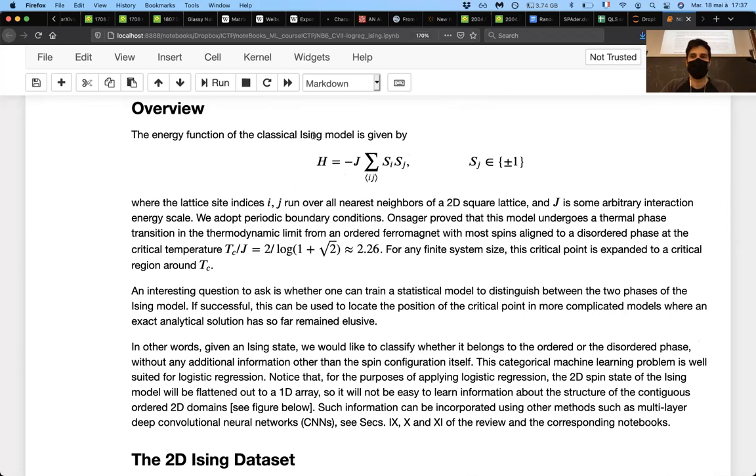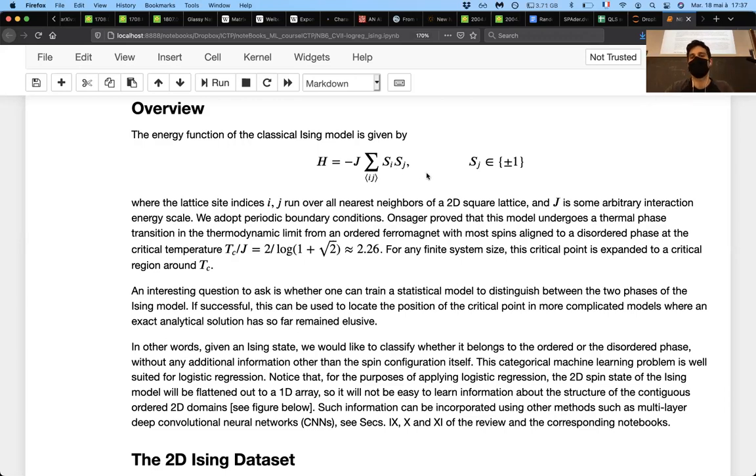So we have our Ising model again, now which is on a lattice. So we have a grid, a two-dimensional grid of spins. And on each node of this grid, you have a binary variable, you have a spin.